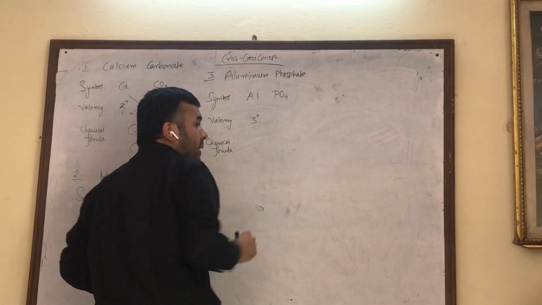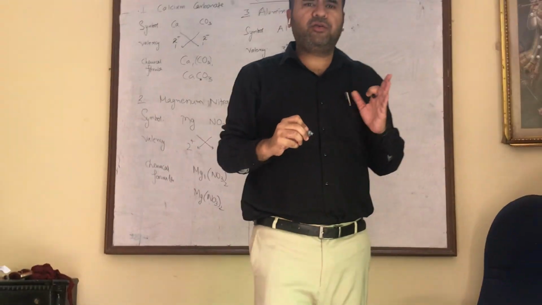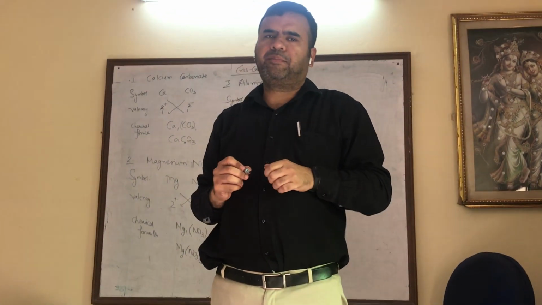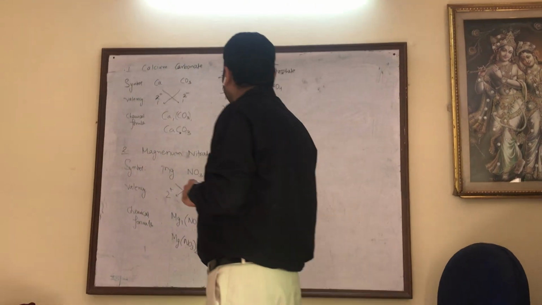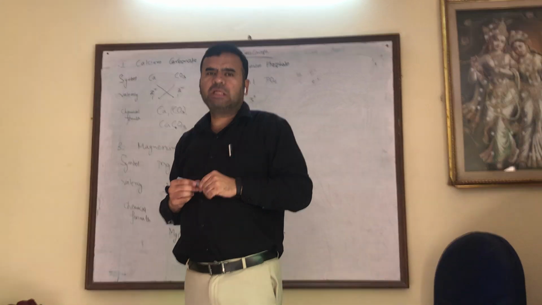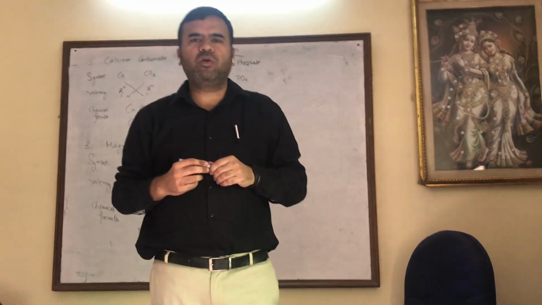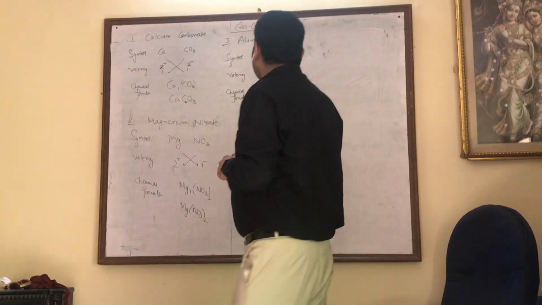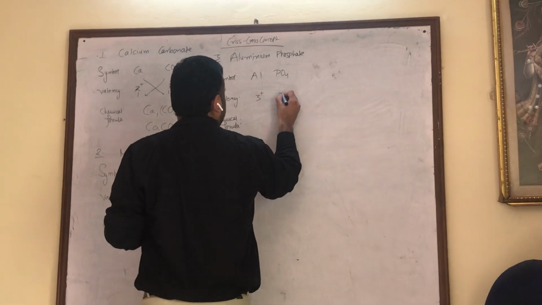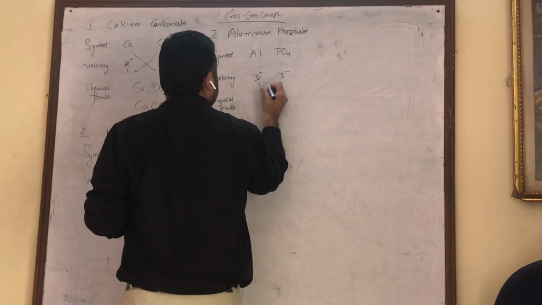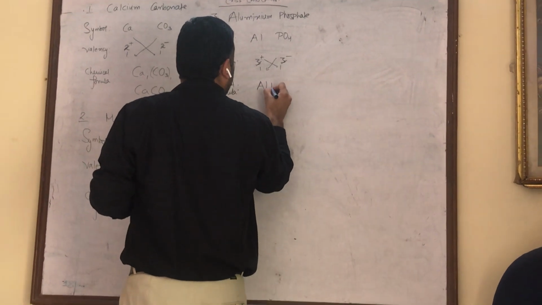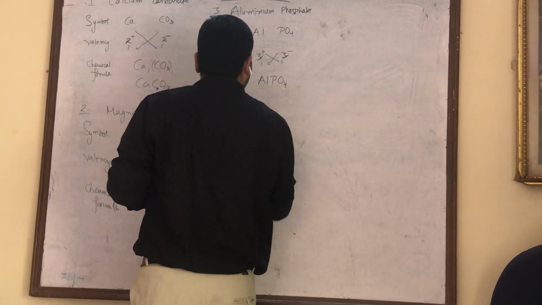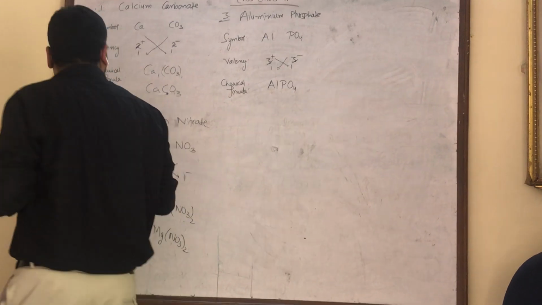Aluminium is atomic number 13, electronic configuration 2, 8, 3. Valence electrons are 3 in case of aluminium. It's a metal, so valency of metal is equal to number of valence electrons. So aluminium valency is 3 plus, whereas phosphate is 3 minus. So formula of aluminium phosphate is AlPO4, right?